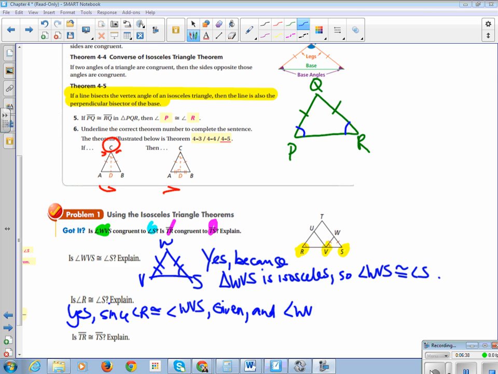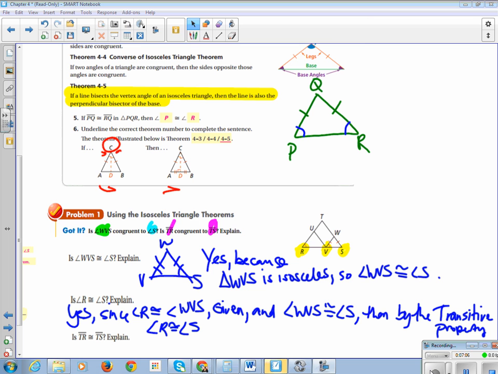And angle WVS is congruent to angle S. Then by the transitive property, angle R is congruent to angle S. So we're going to put a congruent mark right here on S, because he's congruent to V, and then he's also congruent to R.